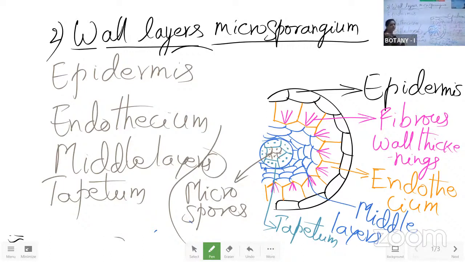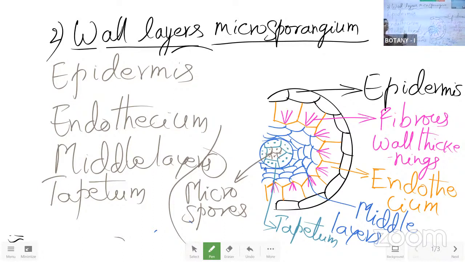If you write the middle layer, then the complete side heading is wrong, so we won't consider it. Remember, grammar counts over here. Learn to write the grammar properly. That means plural and singular need to be mentioned very clearly. Otherwise, it will be a big problem for you when you go for the second year long answers in botany, where we will check the grammar and everything.